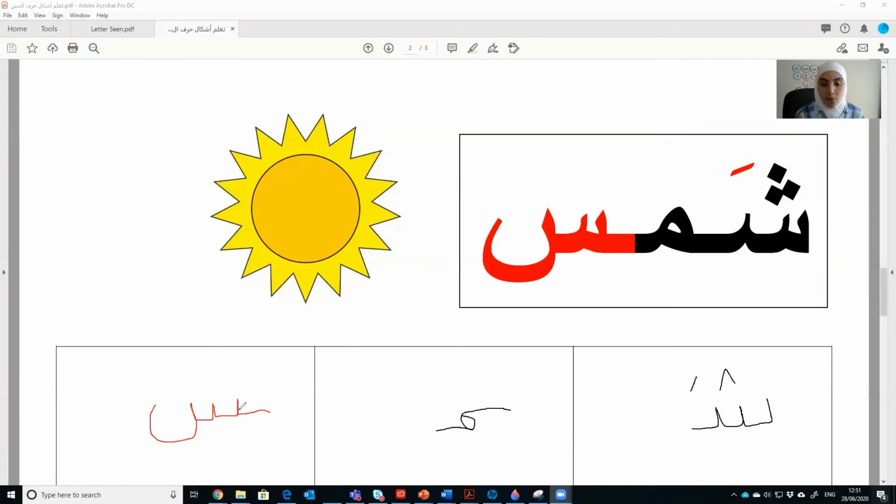But look, what does حرف السين have here? Yes, حرف السين here has a small hand to connect with the letter before. ش, م, s. So حرف السين here comes at the end of the word and connects with the letter before. Can you see that? Yeah, this is a small hand. Let's draw this form of حرف السين.